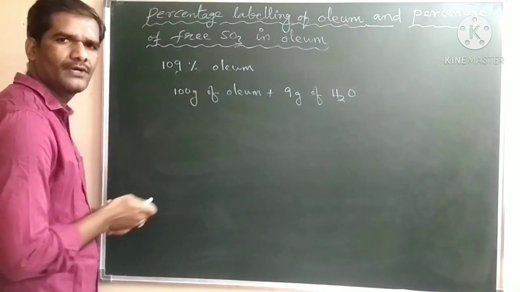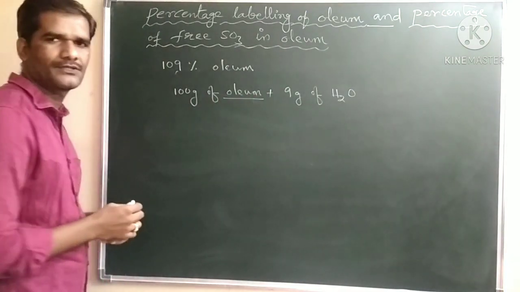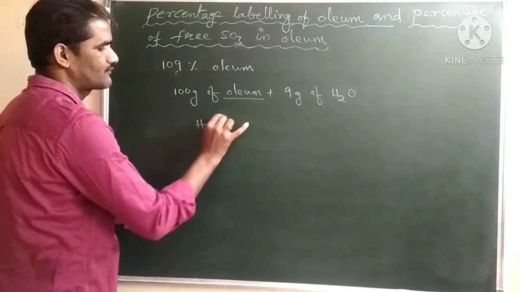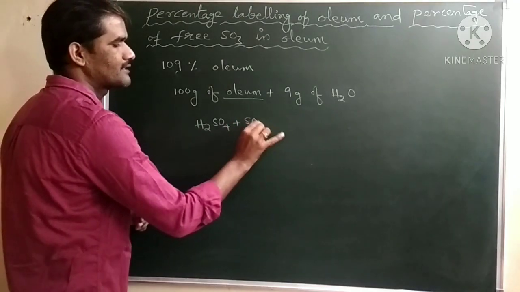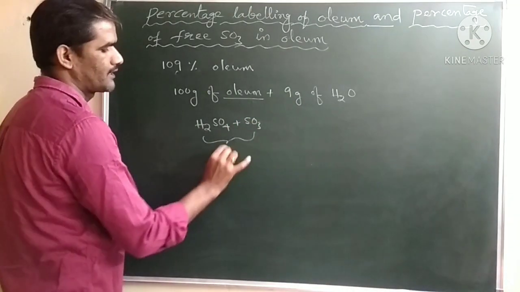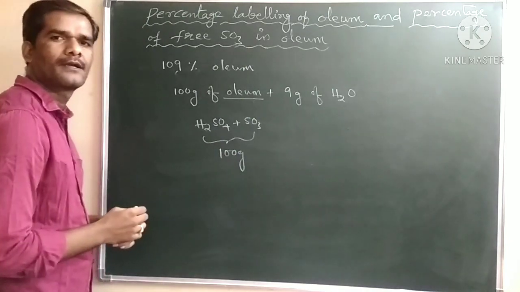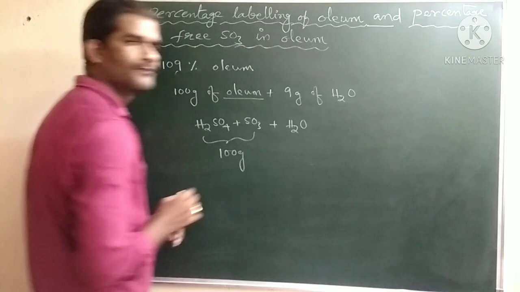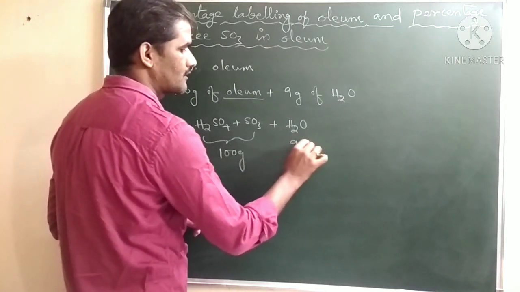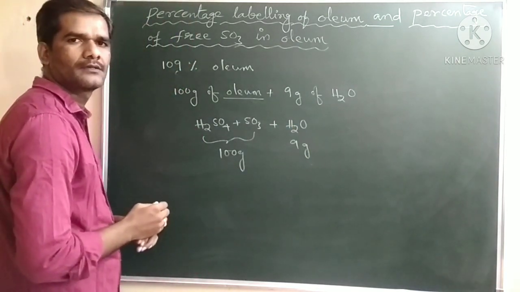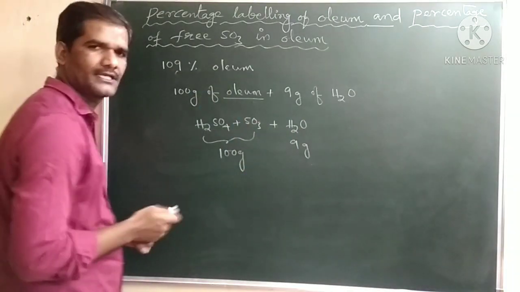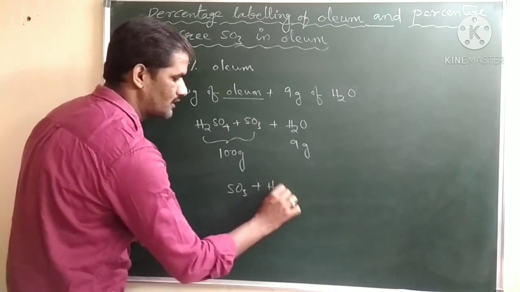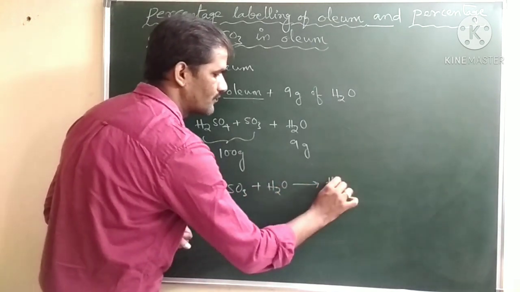What does 100 grams of oleum mean? Oleum is a mixture of H2SO4 and SO3. The mixture is 100 grams. This mixture is now treated with 9 grams of water. As we know that water only reacts with SO3, we can write overall like this: SO3 reacts with water and forms H2SO4.